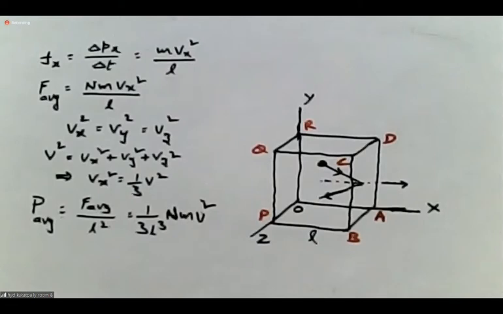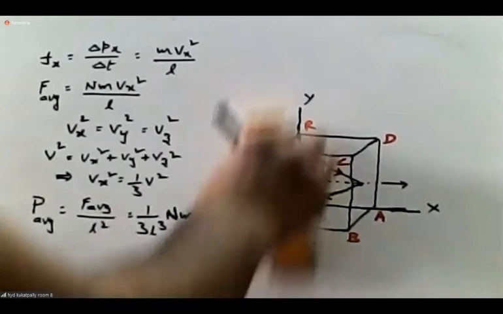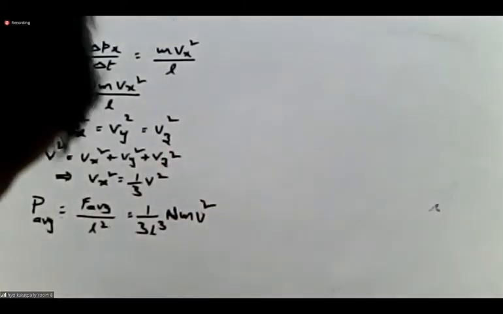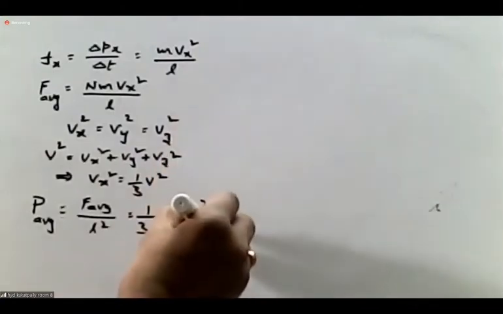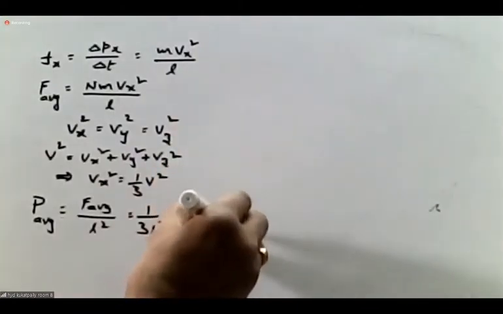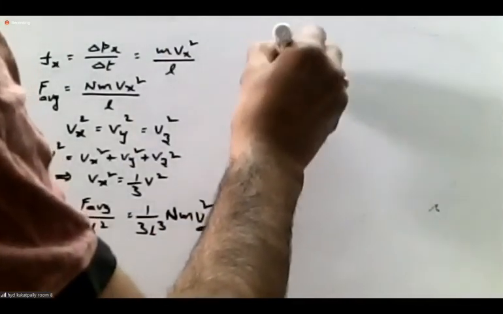As a result, you have to introduce an average term here. To make it more clear, the average pressure, if you want to write, has to have V square average.